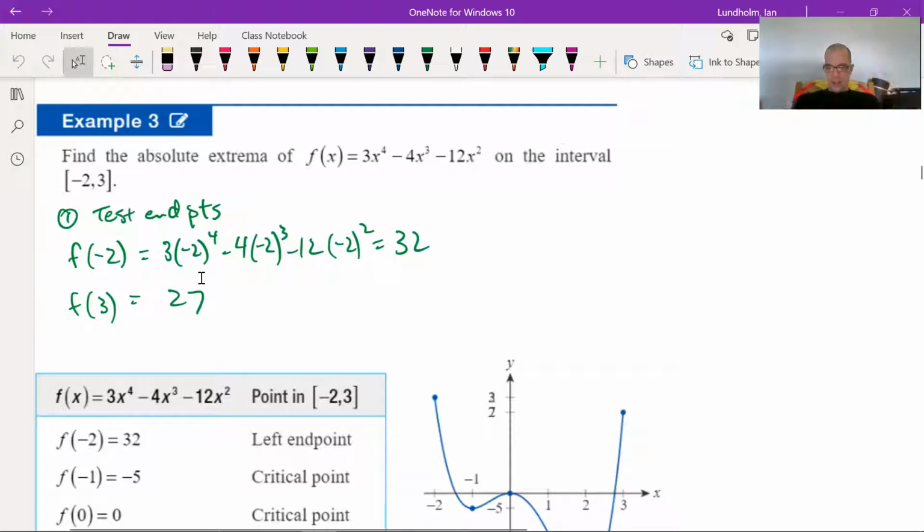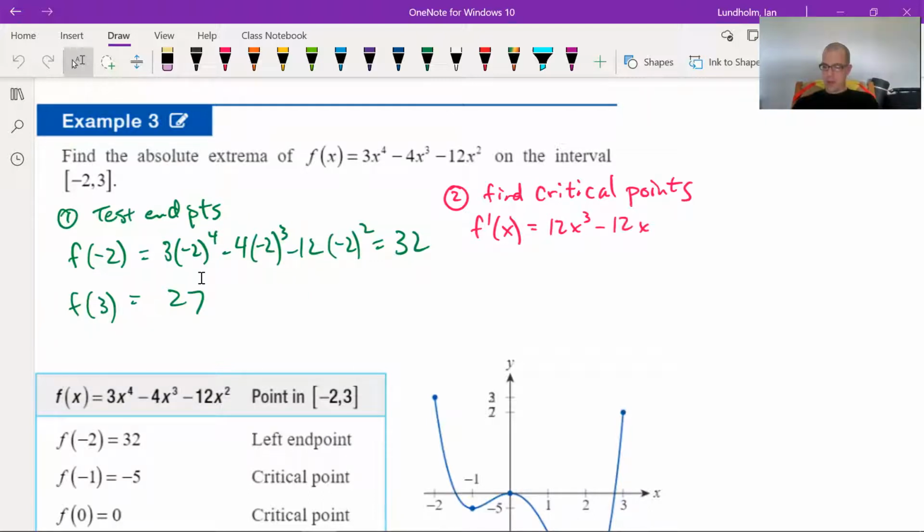That's a good thing. For the next part, though, we need to actually take a derivative. So let's find critical points. So we look at the derivative, which is 12x to the 3rd minus 12x squared minus 24x, according to the power rule 3 times.